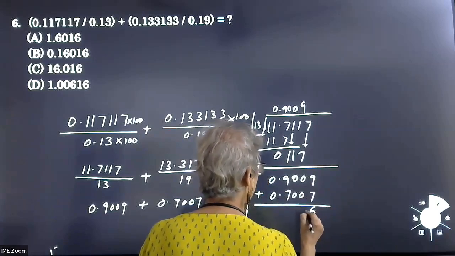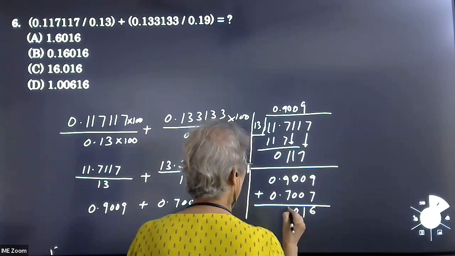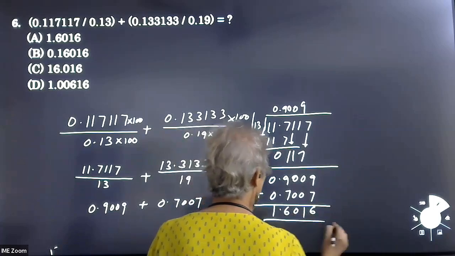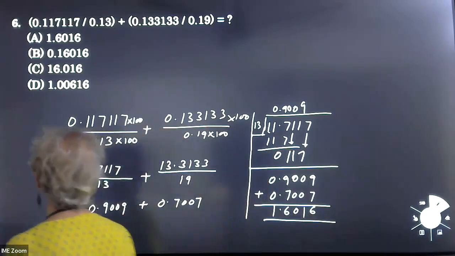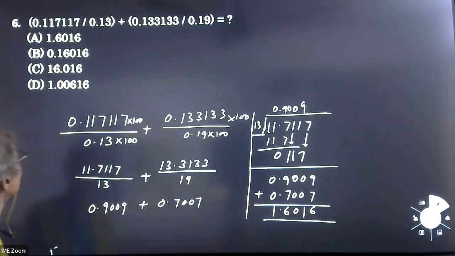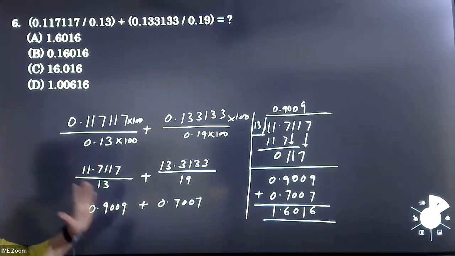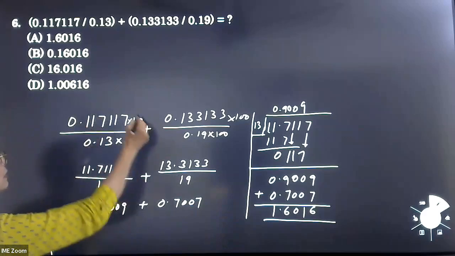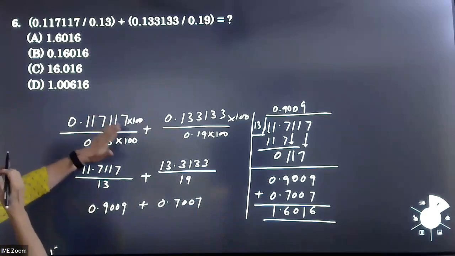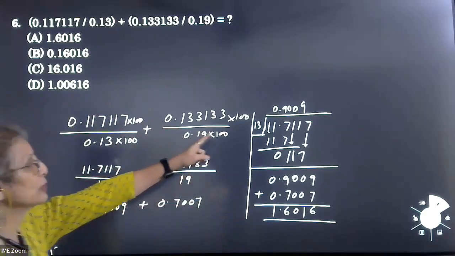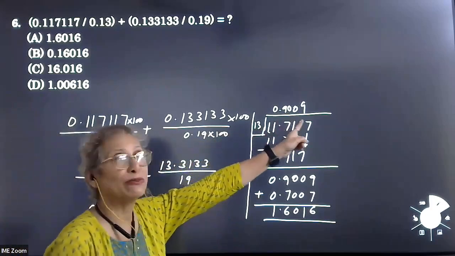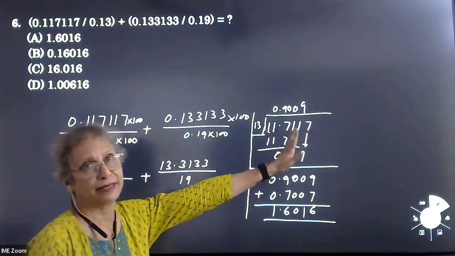So here it is 16, 0, 16, 1.6016. Look at the answers now, options. Very simple it is, only the thing is, here you have to do actual division. Actual division, do actual division so that the number of zeros in between should be correct.